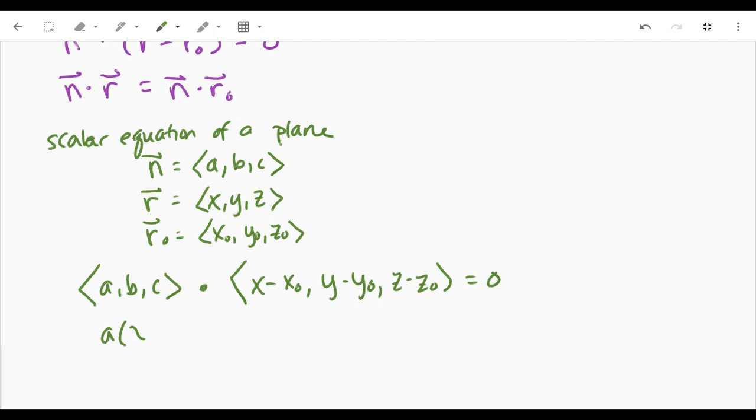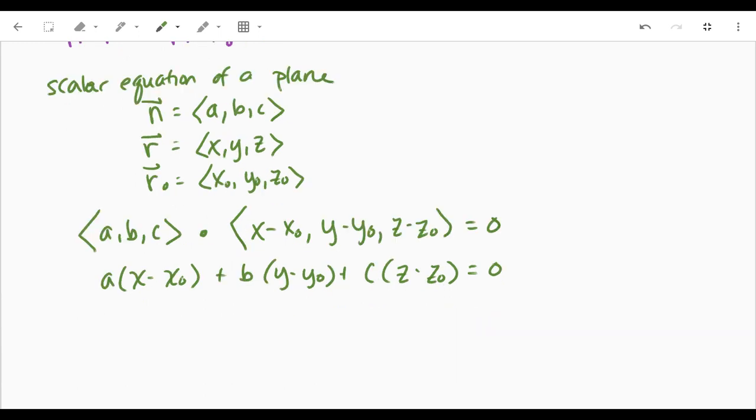So a times x minus x naught plus b times y minus y naught plus c times z minus z naught equals 0. That's the way you're going to see equations of planes a lot. It's very easy to pick out the normal vector by looking at the a, b, and c, and a point on the plane by looking at your x naught, y naught, and z naught.